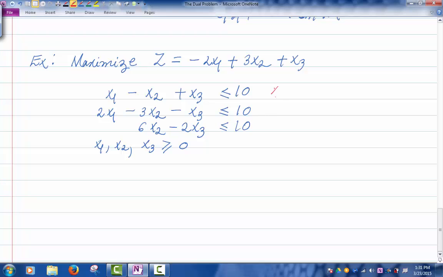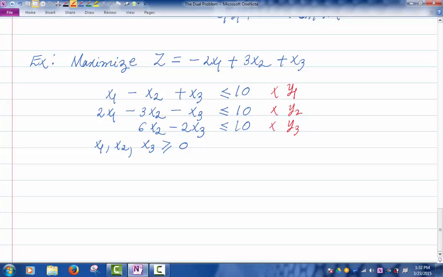Well, the idea is that you're going to multiply each constraint by some number y1, y2, y3. Let's see if I can find y1, y2, y3 so that when I multiply the constraints by them and add them together, I get the objective function on the left. Is that clear?